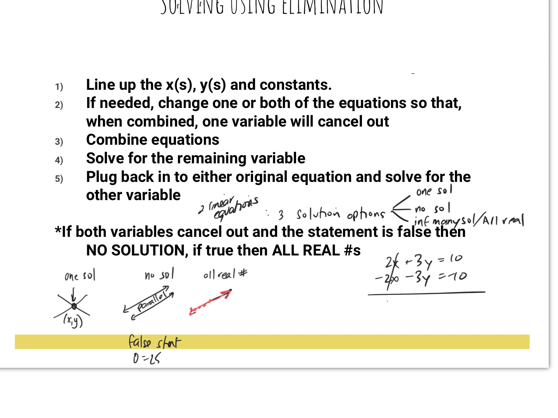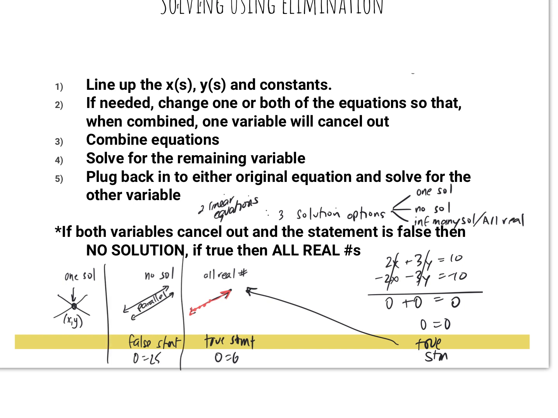And when you add your columns, you get 0 equals 0. Well, guess what? That's a true statement. That's your all real numbers, okay? So when you get a true statement like 0 equals 0, it's all real numbers. It's basically the same line. So we have to look out for those answers when we start doing the work algebraically.